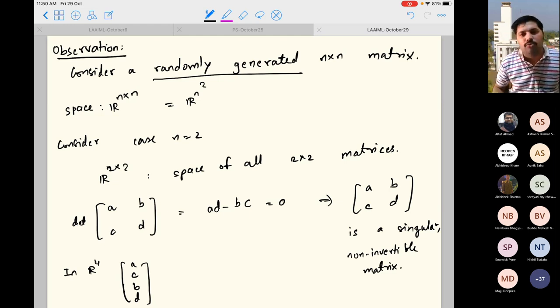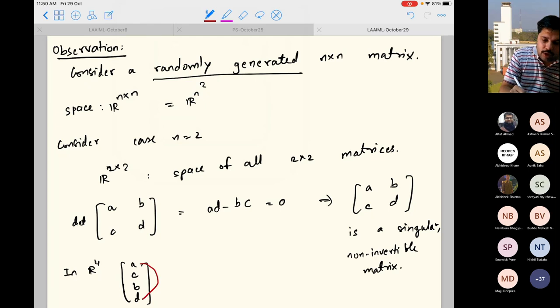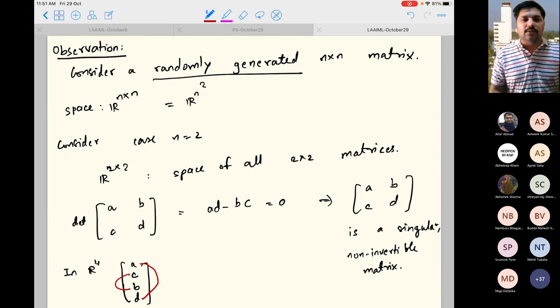And how are you supposed to choose the vector? Such that AD minus BC is zero. You take the product AD, you take the product BC, and if the product AD is equal to BC, then the corresponding matrix is not invertible. Otherwise this matrix is invertible.